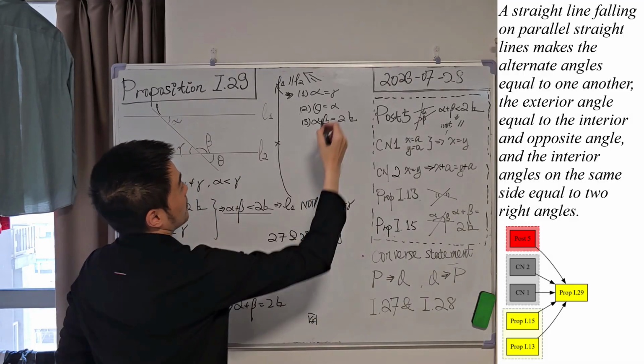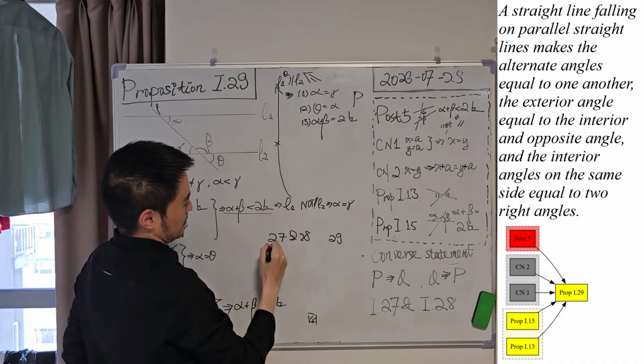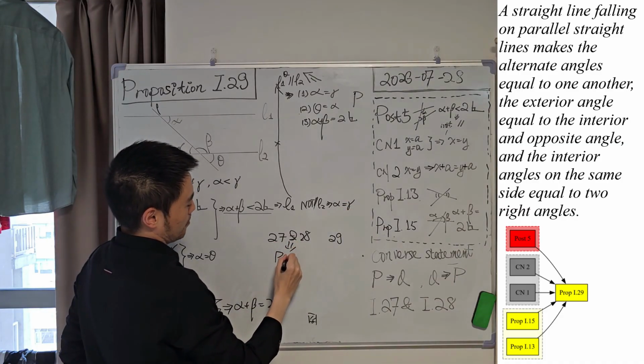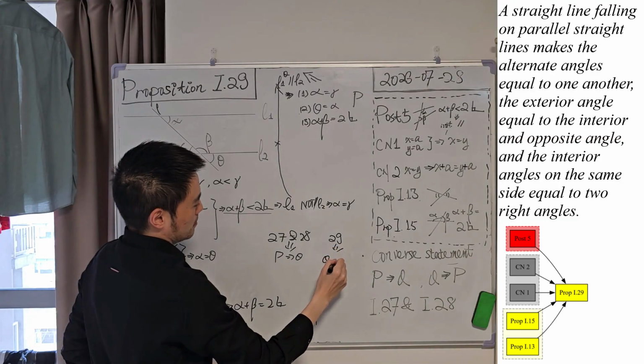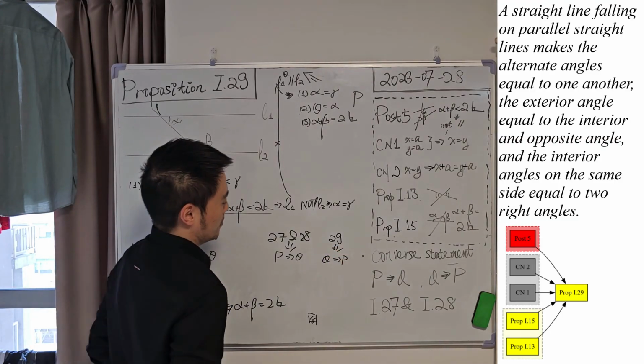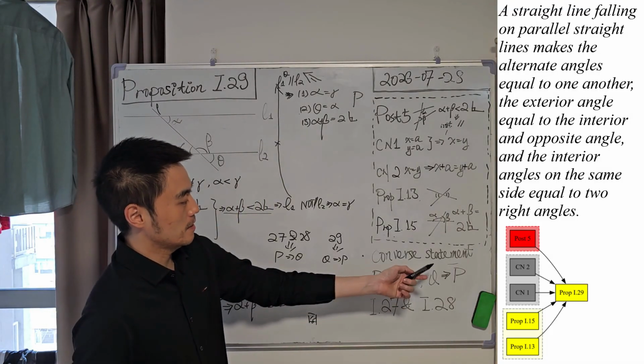If we say this is P and this is Q, then they are saying if P then Q, and 29 says that if Q then P. That is the so-called converse statement.